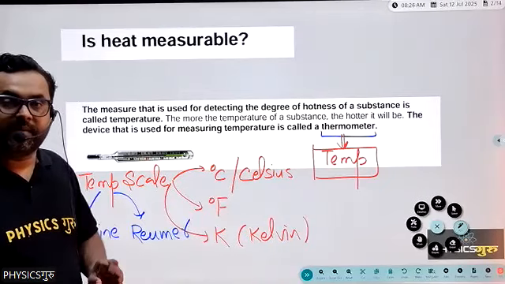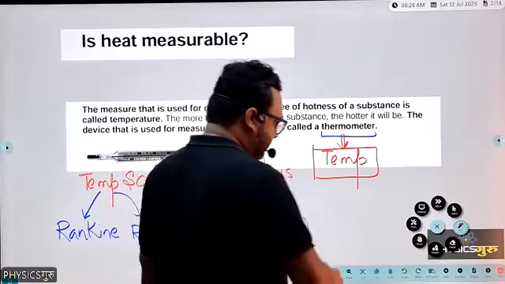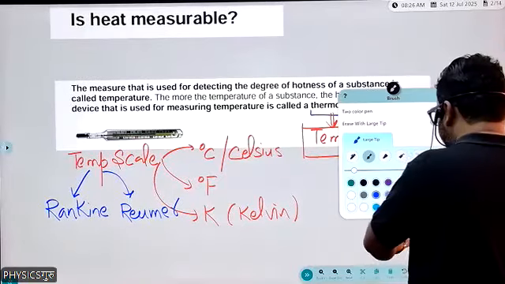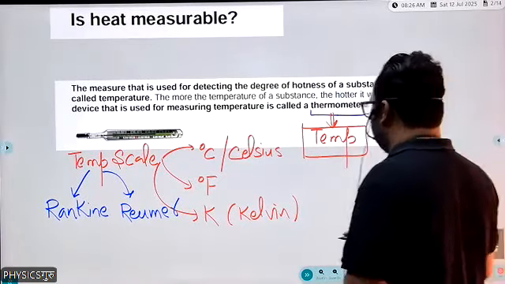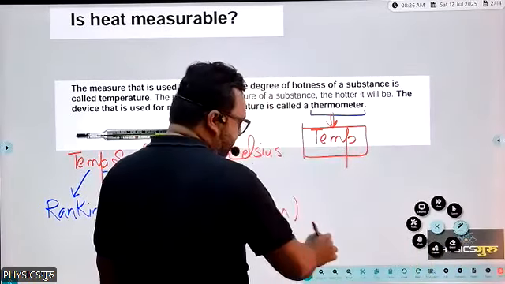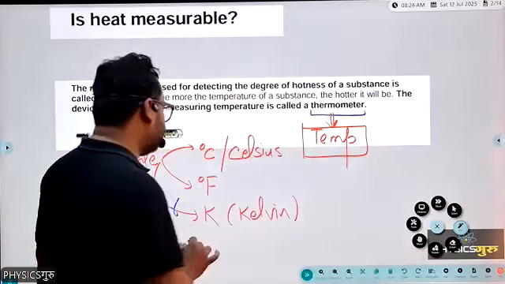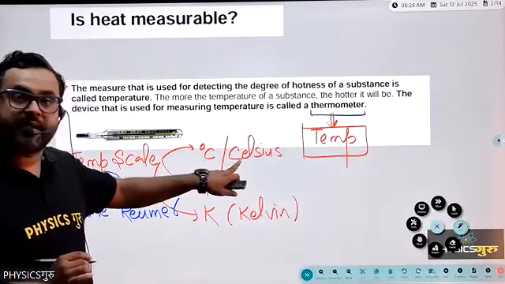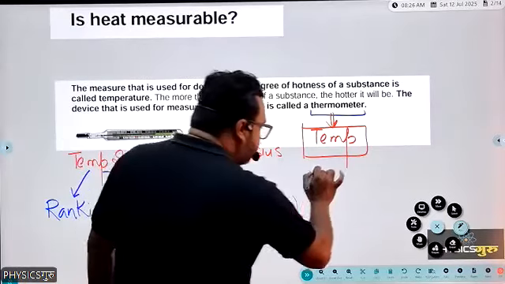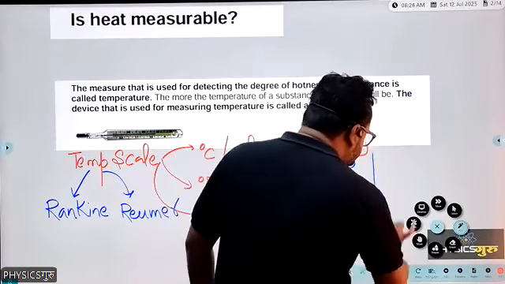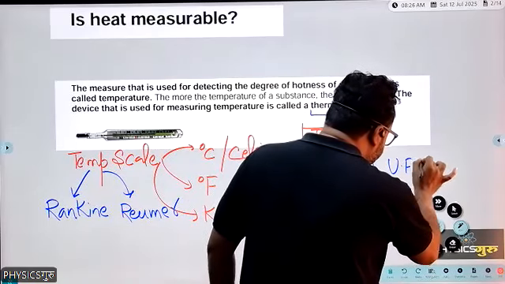For example, when we talk about the Celsius scale, there is a lower fixed point, LFP. The lower fixed point for degree centigrade is 0 degrees centigrade. And we have UFP, the upper fixed point.